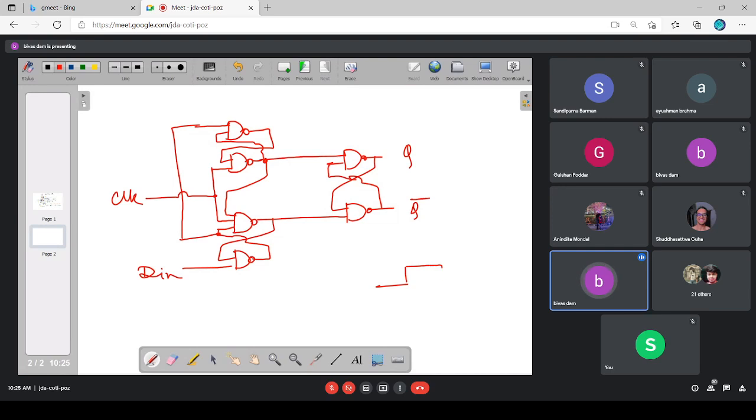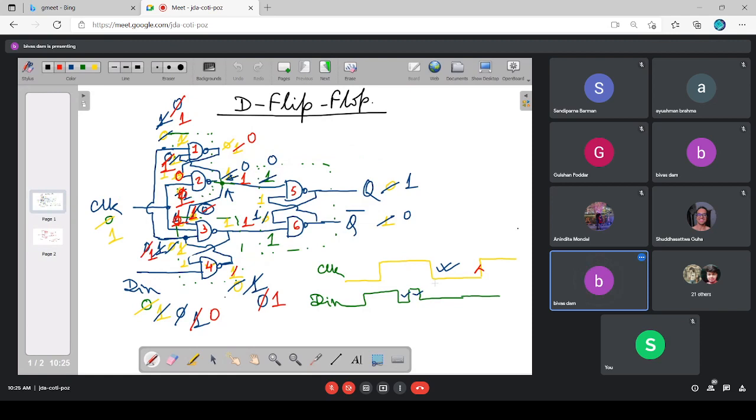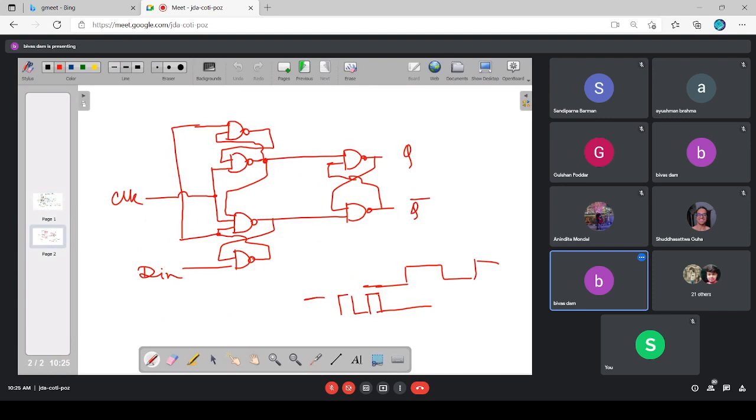So when I am in this condition, that means I am in this state. Prior to the arrival of this clock rising edge, clock was 0, data input was already 0.